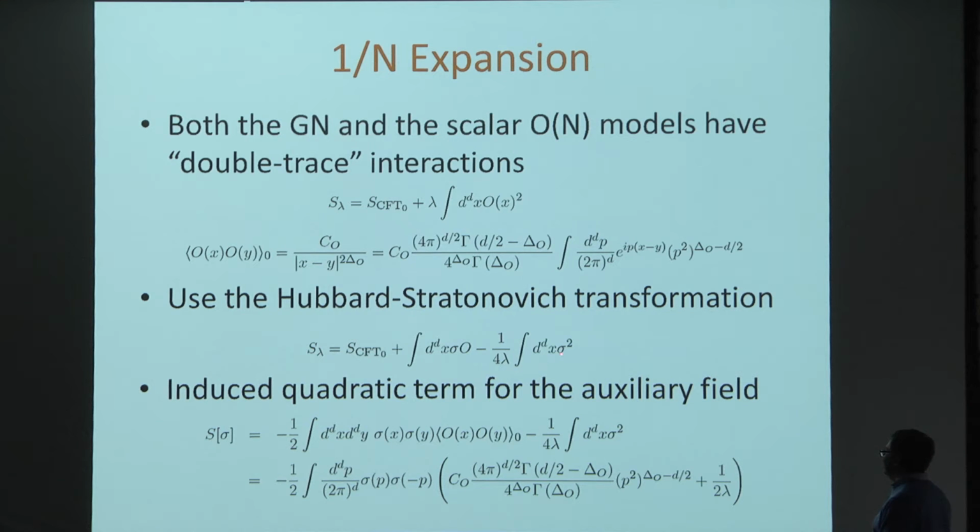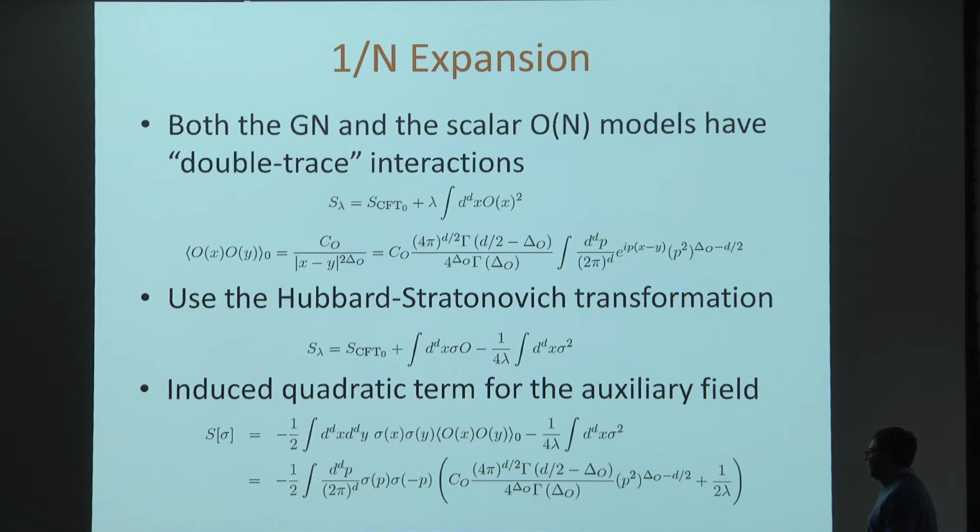And then you can say that this field has induced dynamics because its kinetic term is non-local and it comes just from the two-point function of operator O. So you can say that the dynamics brings in this additional scalar field, and since this two-point function is of order n, this allows you to obtain 1/n corrections in a very simple, elegant way, and actually in continuous dimension. So it's not just true in one fixed dimension, it's true in continuous dimension. This is the non-local term.